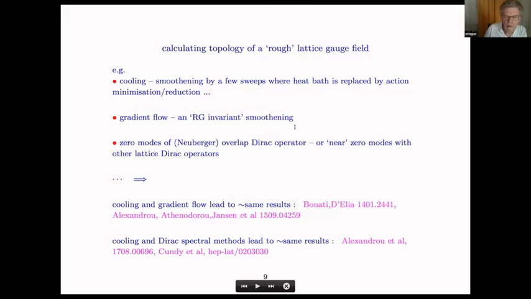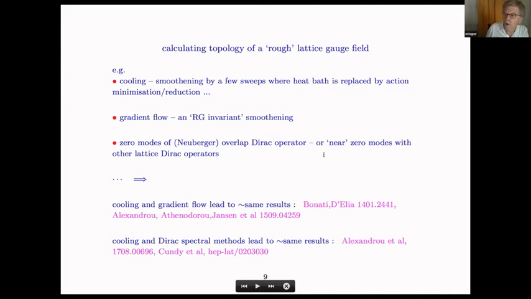And then, of course, a very nice way is to use zero modes, for instance, of the Neuberger overlap Dirac operator. You can use that on pure gauge theories, obviously. You can just put it in, and the number of zero modes will tell you what the topological charge is.